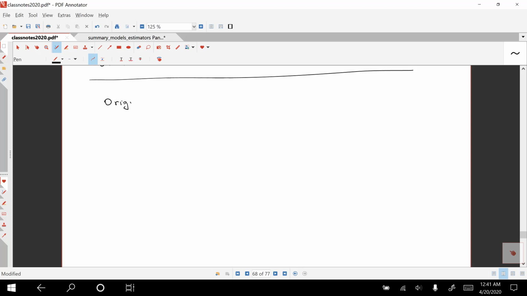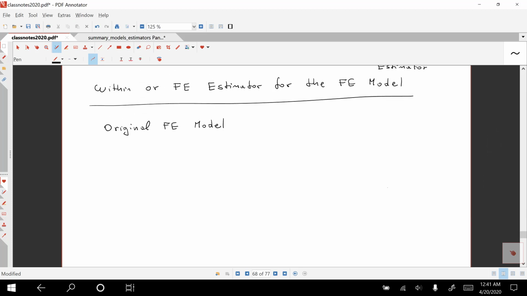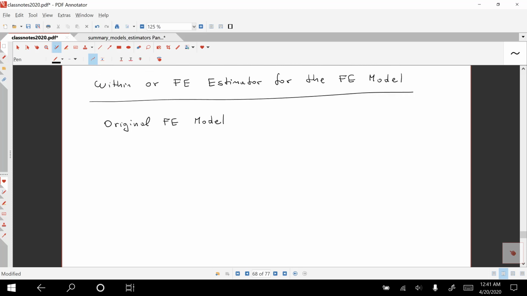This is the original fixed effects model: y_it = alpha_i + x_it' beta + a_it.